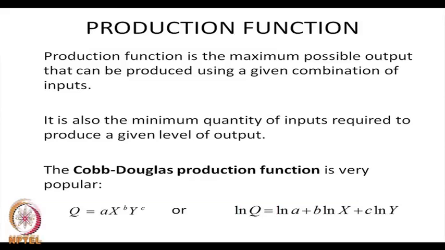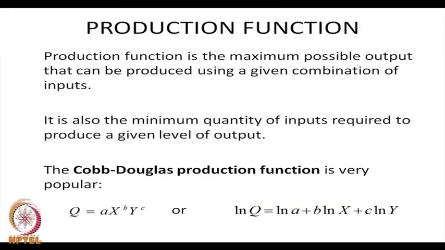Here we define production function as the maximum possible output that can be produced using a given combination of inputs. It is also the minimum quantity of inputs required to produce a given level of output. Basically, it defines a relationship between the inputs used and the outputs produced.